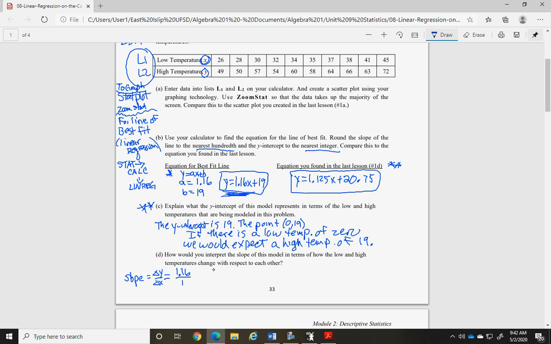I would say something like for every 1 degree of increase in the low temperature, we expect a 1.16 increase in the high temperature.